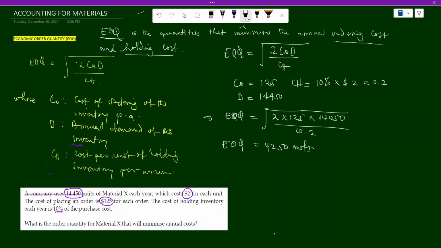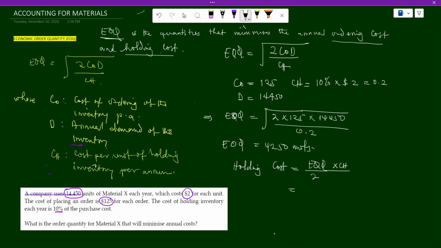Let's look at the holding cost per annum. So the holding cost should be equal to the economic order quantity divided by 2 times the cost of holding.